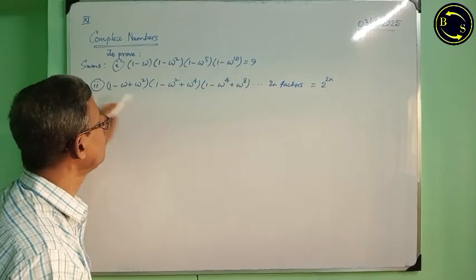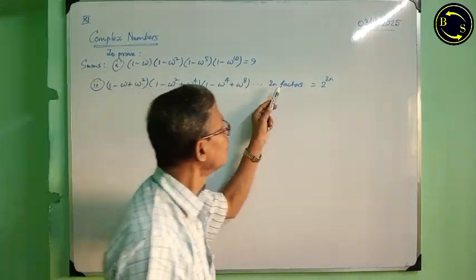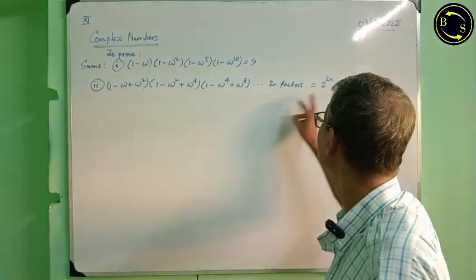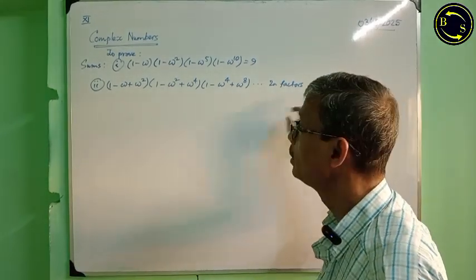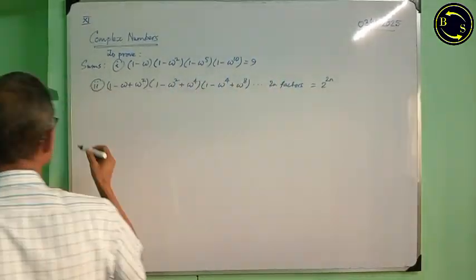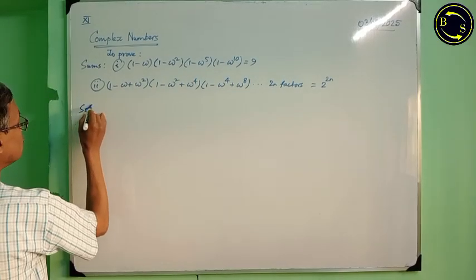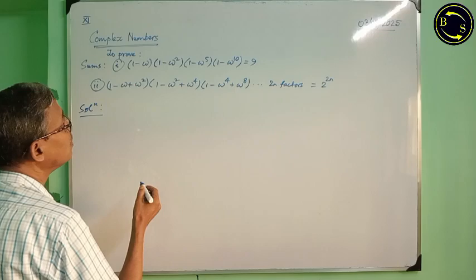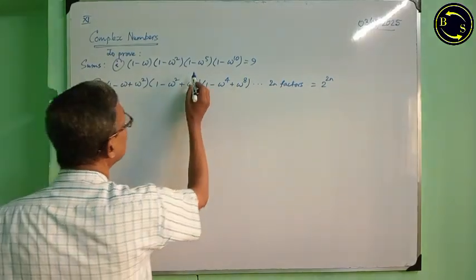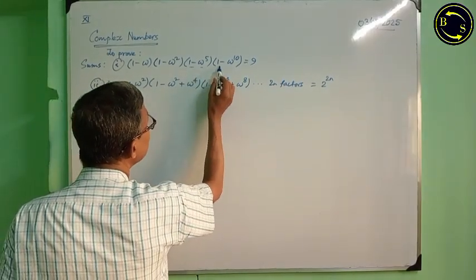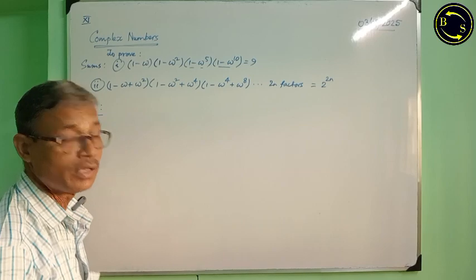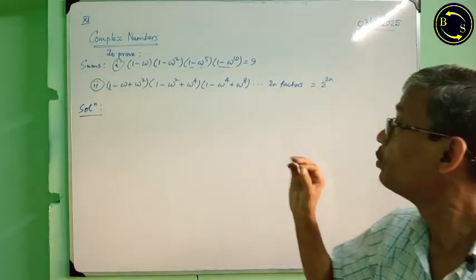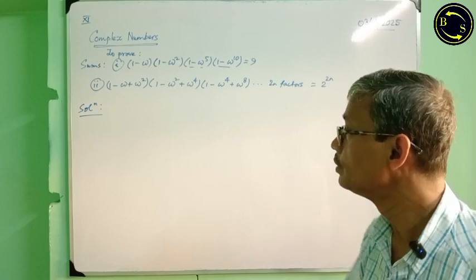First, for 2n factors, the value will be 2 to the power 2n. Now, number 1. First, let us express these two factors in lowest term using omega cube equal to 1.